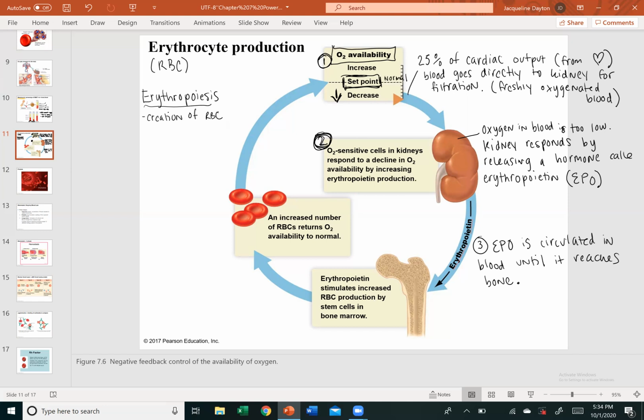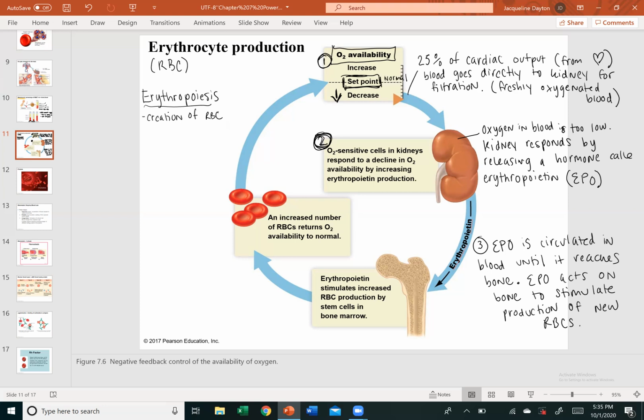And it's the bone that EPO is going to act on. EPO acts on the bone to stimulate production of new red blood cells.